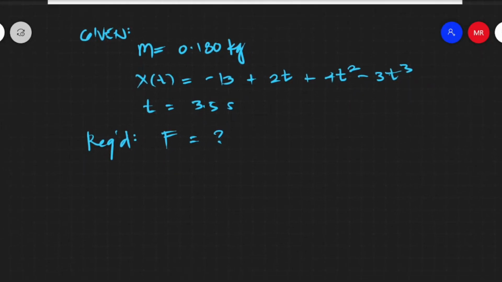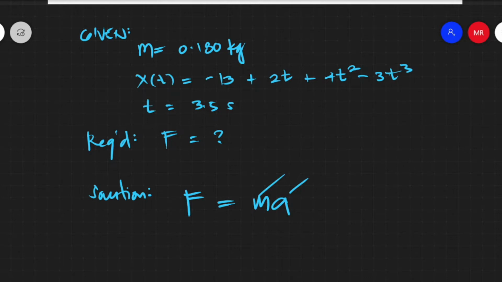In our solution we are being asked to find force. Force is mass times acceleration. We already have mass. We need to look for the acceleration of this particle. Given the position function, we can get the acceleration.